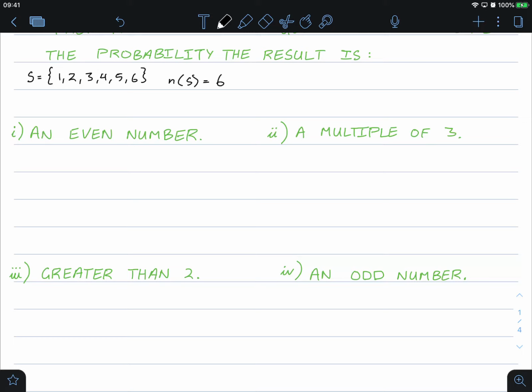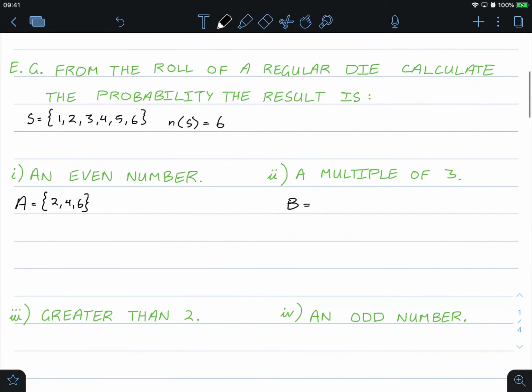Let's call this event A. A are the even numbers. The even numbers in a dice roll are 2, 4, and 6. Let's call this event B, multiples of 3. The multiples of 3 from a dice roll are 3 and 6.